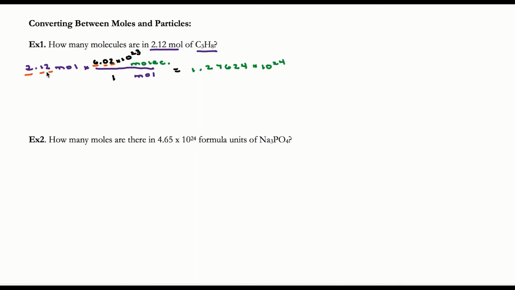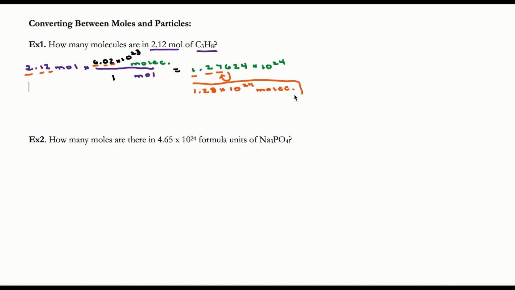And so my final answer is going to have 3 significant figures. So this is going to round to 1.28 times 10 to the 24th. And my units for this are going to be molecules.